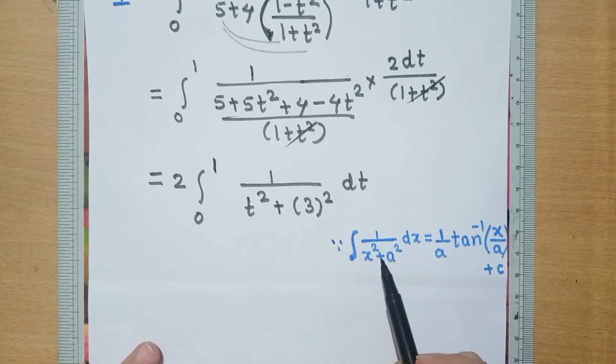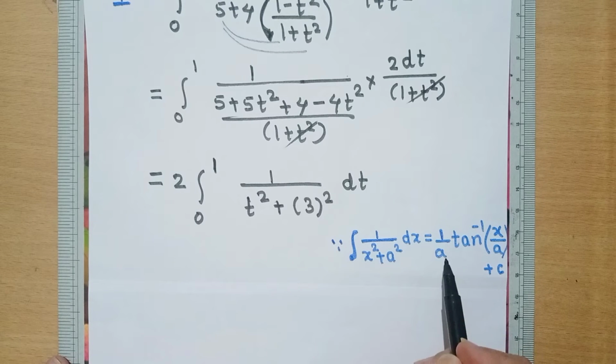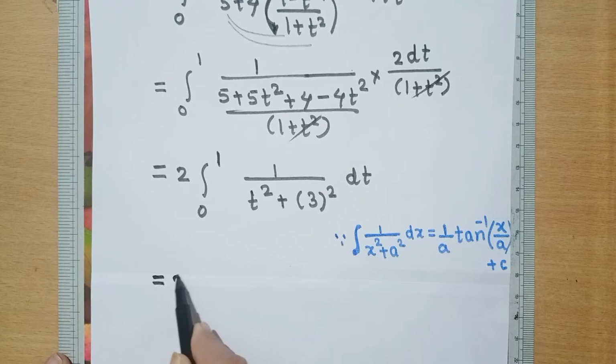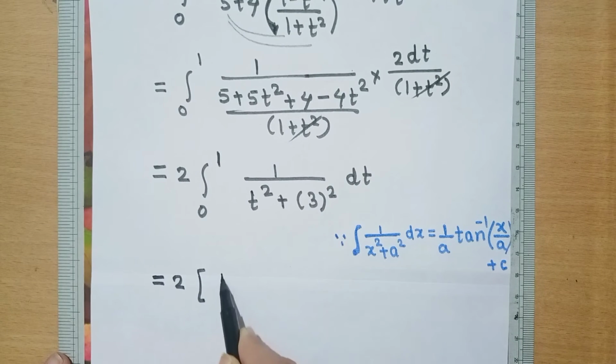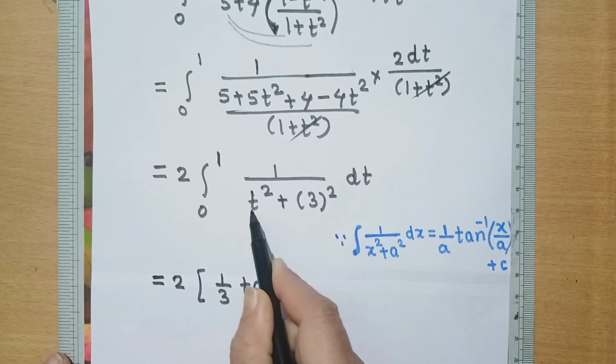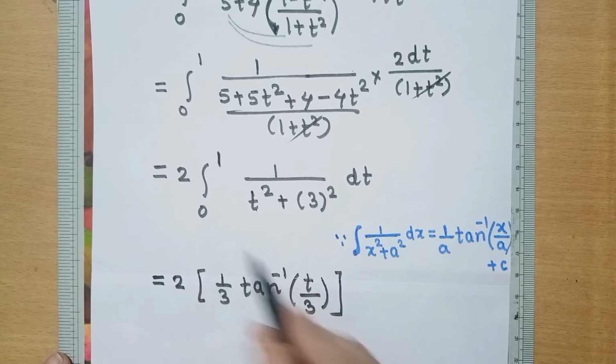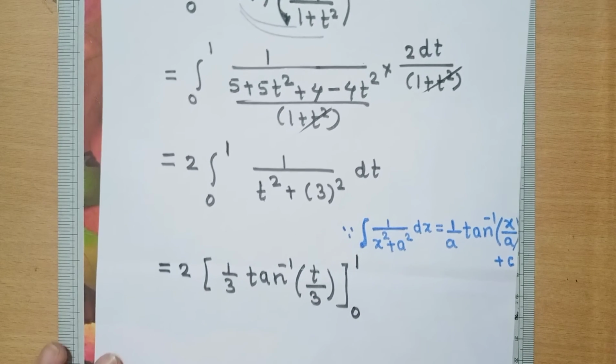So here we will use this formula. Its answer is 1 upon a tan inverse of x upon a. So same we will use here. 1 upon a means 1 upon 3 tan inverse of, now instead of x there is t, so here t upon this 3, and then here we will write this limit from 0 to 1.